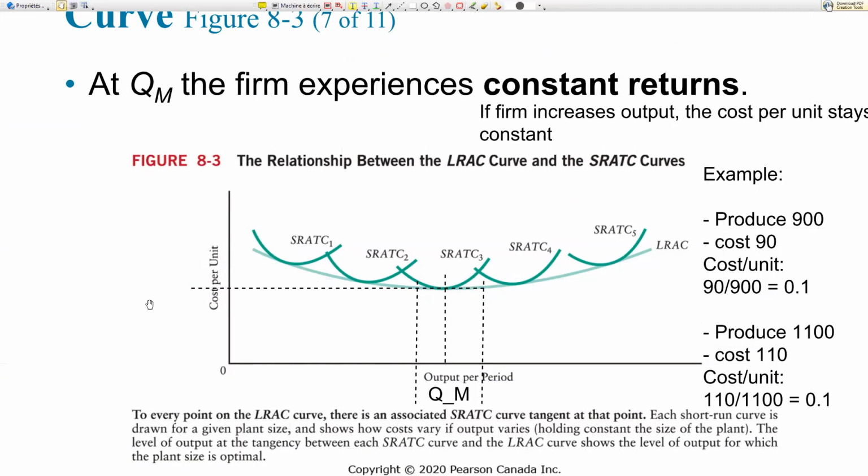Okay, here, so this is 0.1, for example, and here I'm at 900, and here I'm at 1,100.